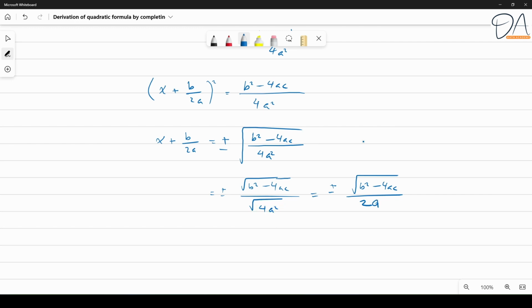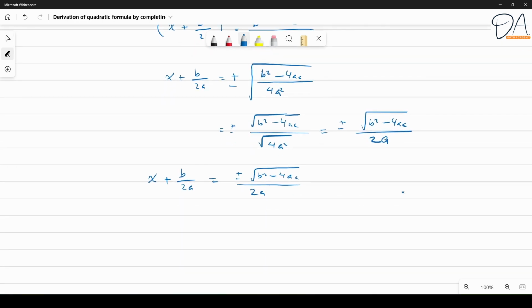So what we are having so far is the following: x plus b over 2a equal to plus minus the square root of b squared minus 4ac divided by 2a. And then to get x, I can move b over 2a to the other side.